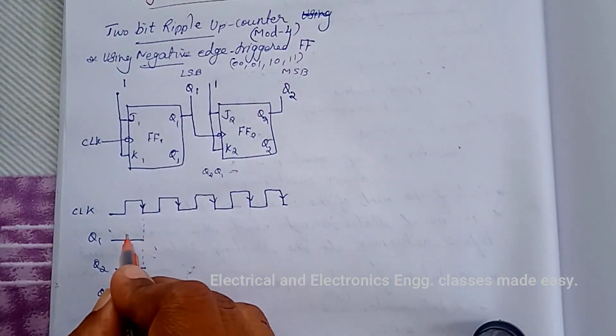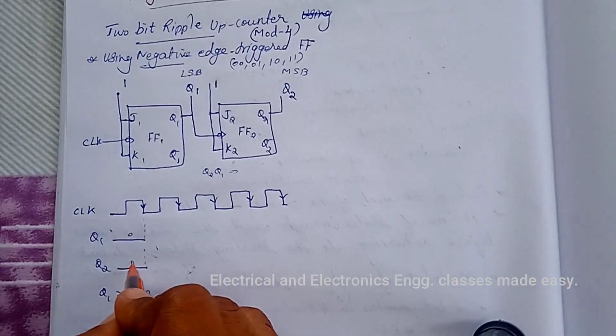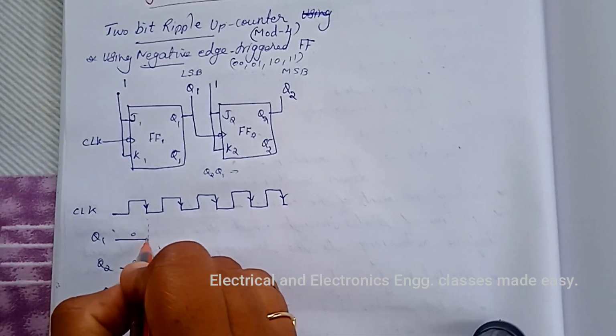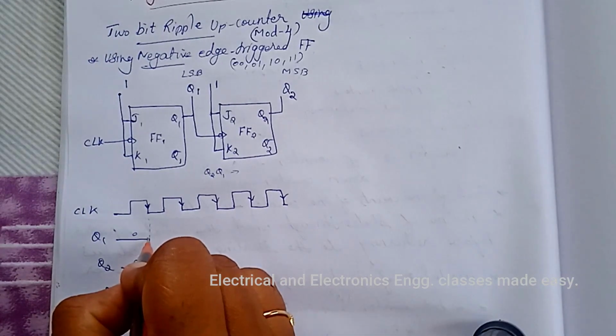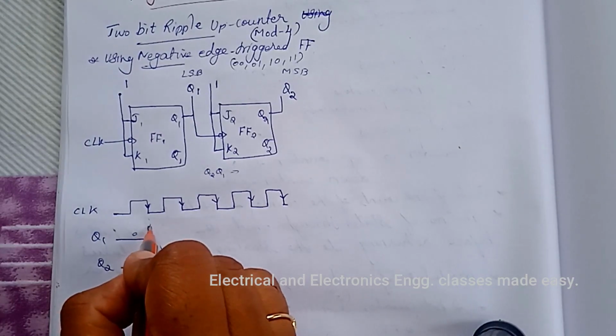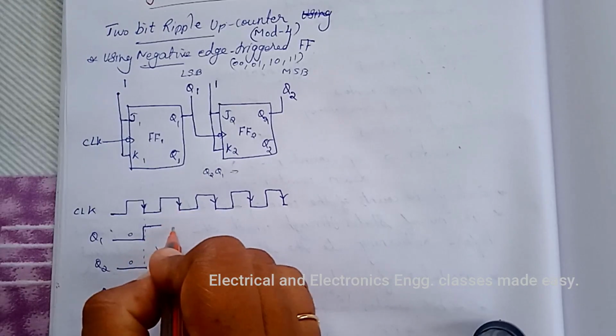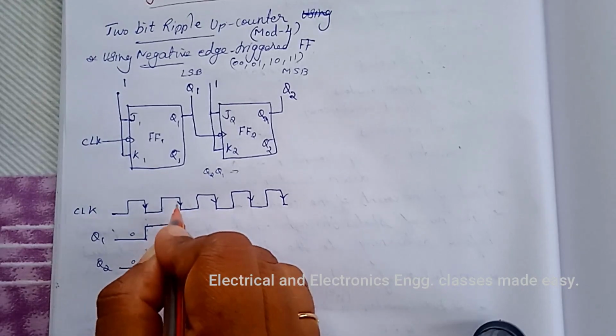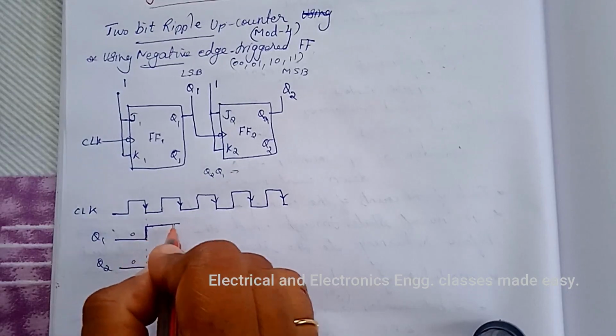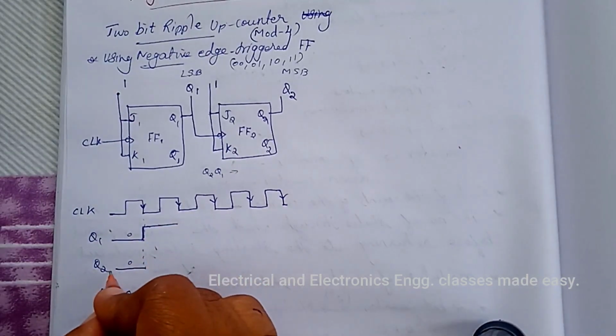Q1 toggles means this is 0 at first, so Q1 changes to 1, and up to the next negative going edge of the clock pulse, it will be high.